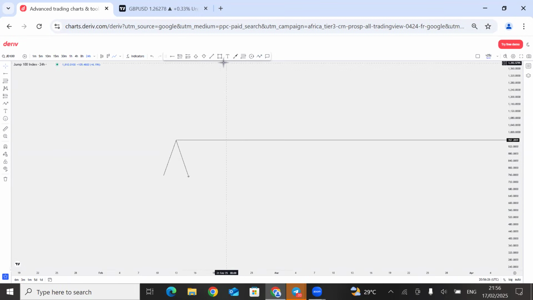So what are we expecting price to do? We're expecting price to come, tap into this key level, and reverse down to the downside. What are we expecting to see?